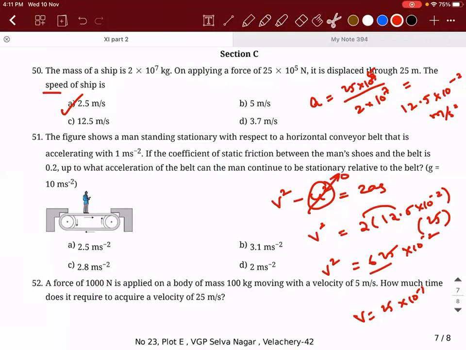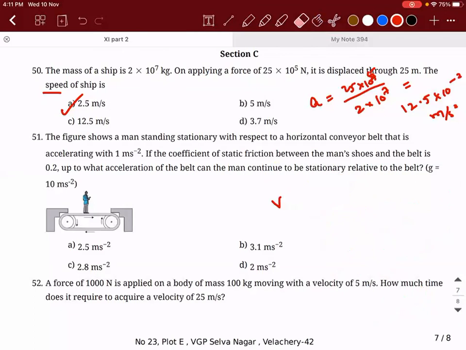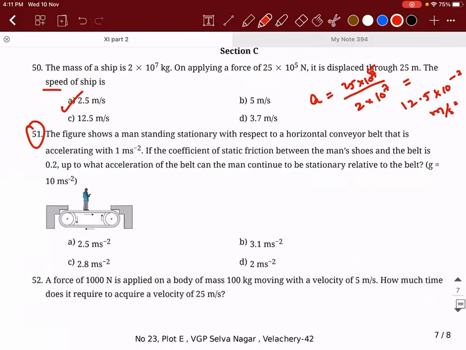51. The figure shows a man standing stationary with respect to a horizontal conveyor belt that is accelerating with 1 meter per second square. The coefficient of static friction between the man's shoes and the belt is 0.2. So mu s is equal to 0.2 and the acceleration of the belt is 1 meter per second square. Up to what acceleration of the belt can the man continue to be stationary relative to the belt?